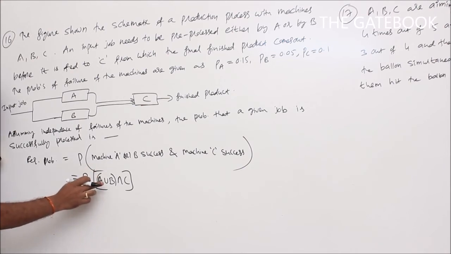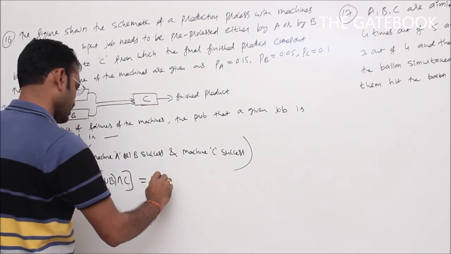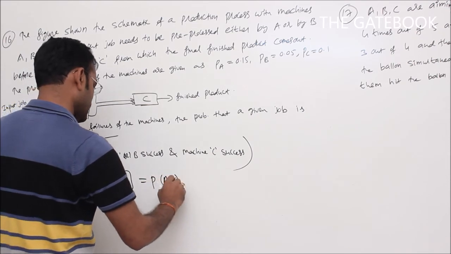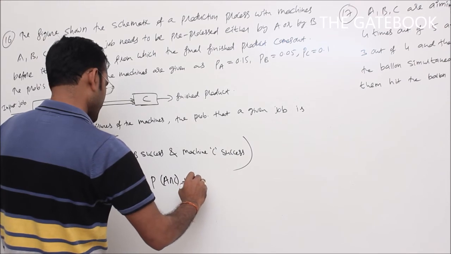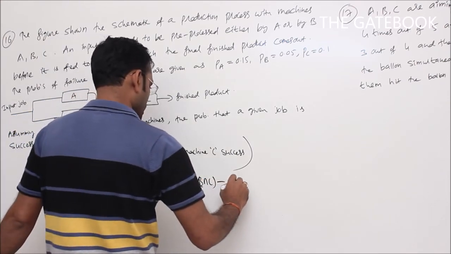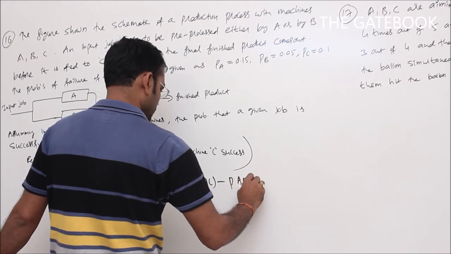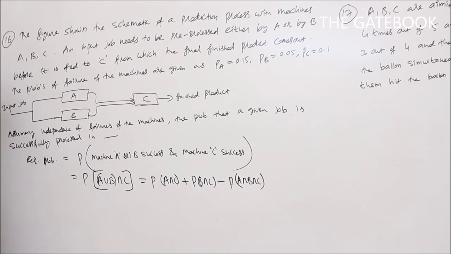Using the distributive property, I can write P of A intersection C plus P of B intersection C minus P of A intersection B intersection C.